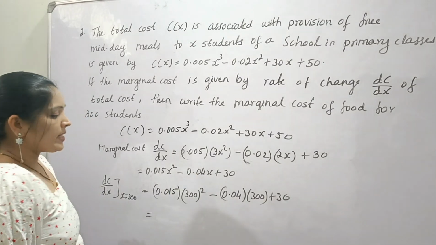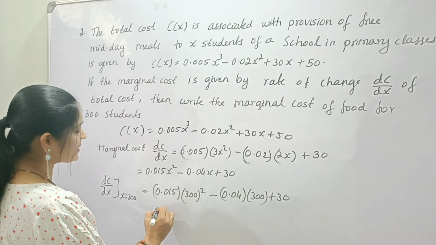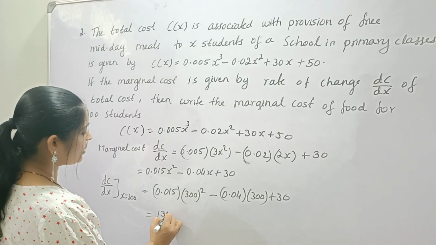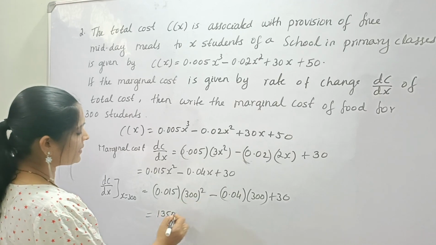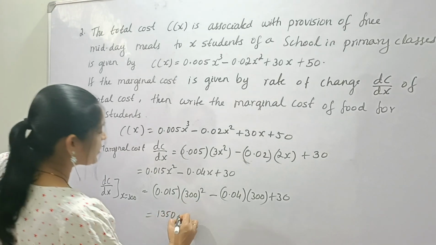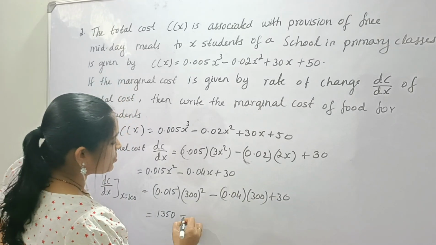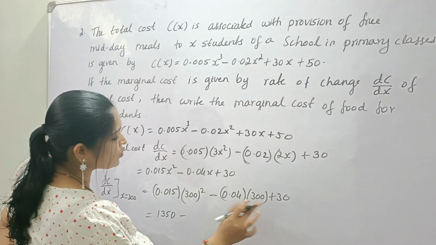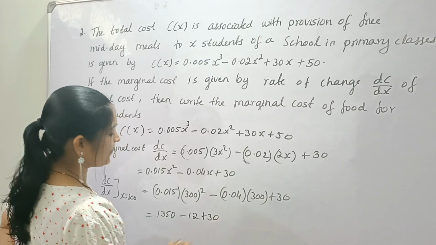Here 300² is nothing but 90,000. So 9 into 15 is 135, and 4 zeros are there, 3 zeros cancelled, so 1350. Minus, 3 fours are 12, 2 zeros cancelled, so 12, plus 30.